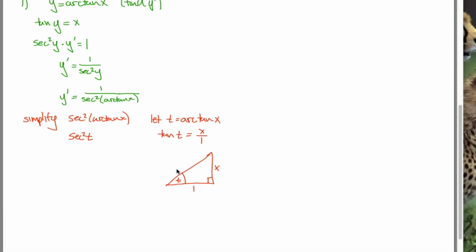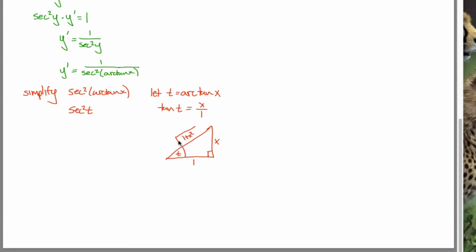Then I can figure out this length over here. Do I need to show that separately? No, I don't think I do. Yeah, I will. It'll turn out that if this is 1 and this is x, this is the square root of 1 plus x squared. Maybe I'll call that c, those are easier to write than h's. That comes from the Pythagorean Theorem.